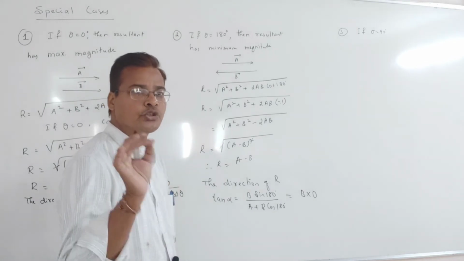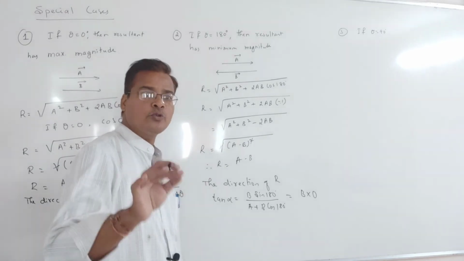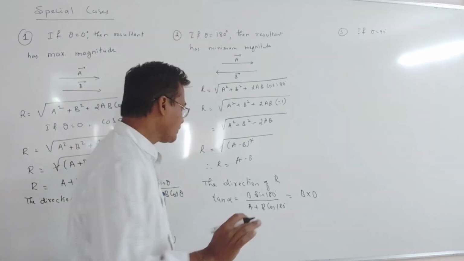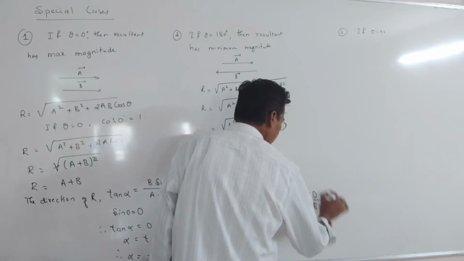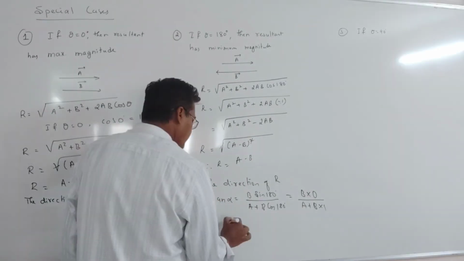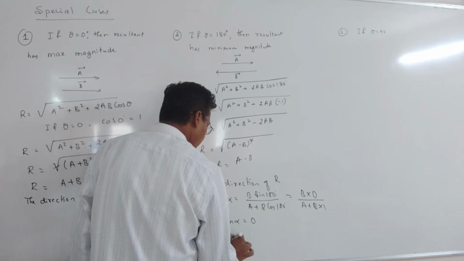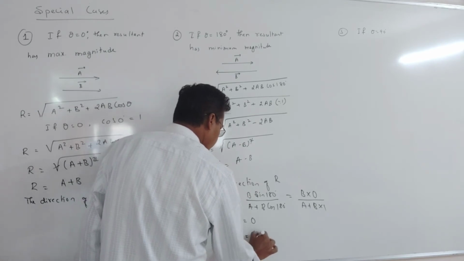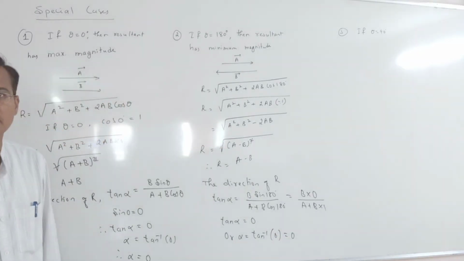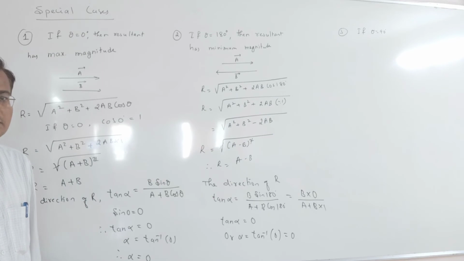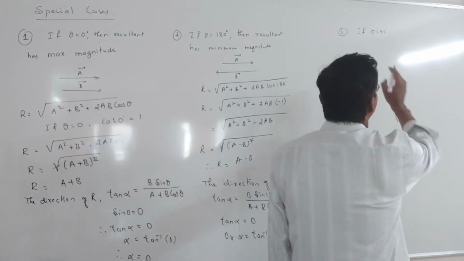Sin 0 is 0, sin 180 (sin pi) is also 0, and sin 2 pi is also 0. So 0 divided by a plus b, this is 0, since anything multiplied with 0 is 0 only. Therefore tan alpha equals 0, or alpha equals tan inverse of 0. This is 0. Understood? So if theta is 180 degree, this is what we are getting.